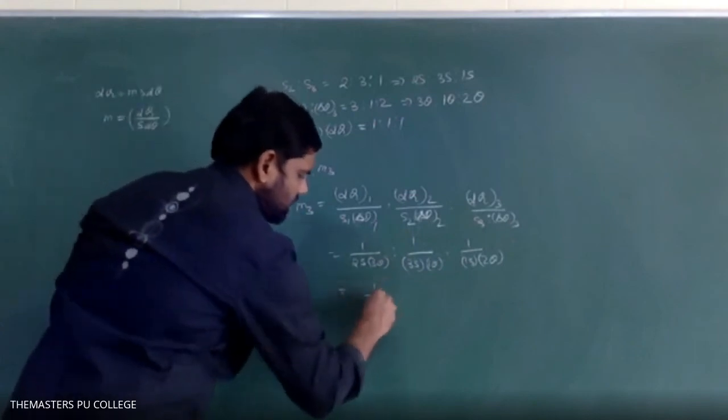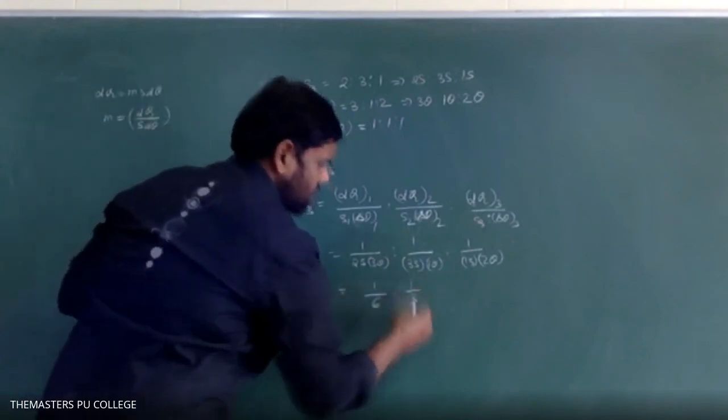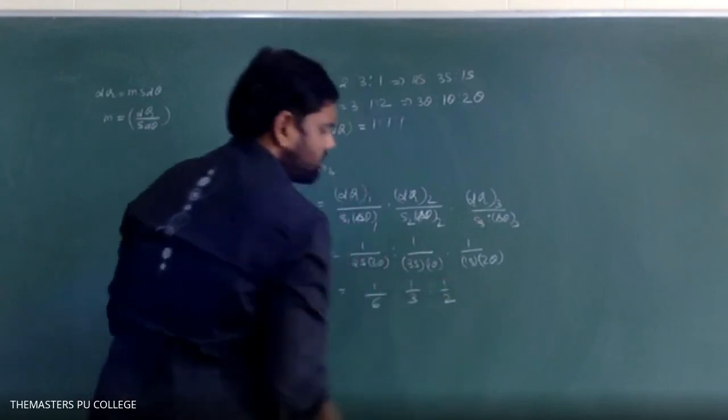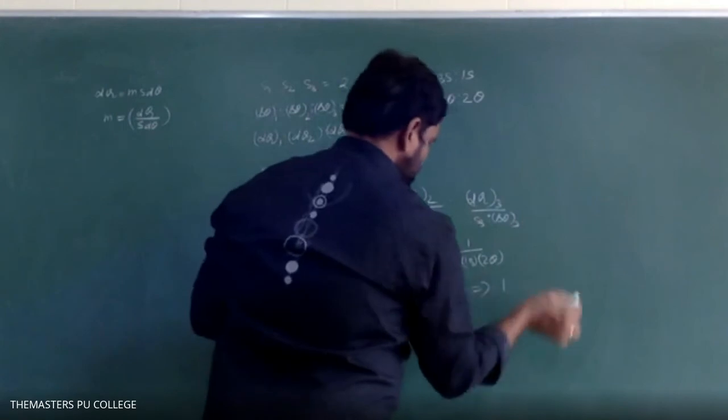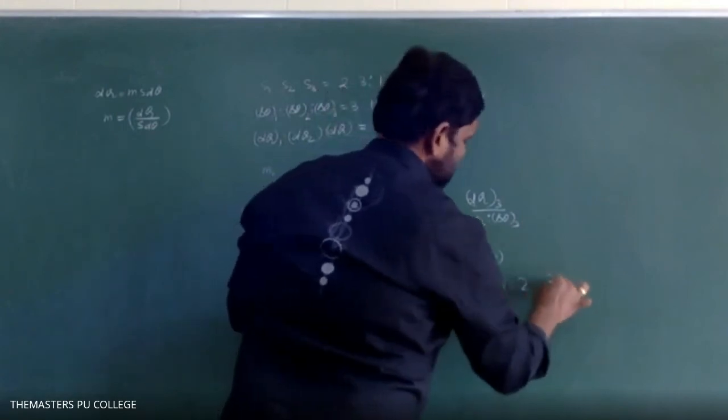Then we will get 1 by 6 is to 1 by 3 is to 1 by 2. So this can be written as 1 is to 2 is to 3. That's it.